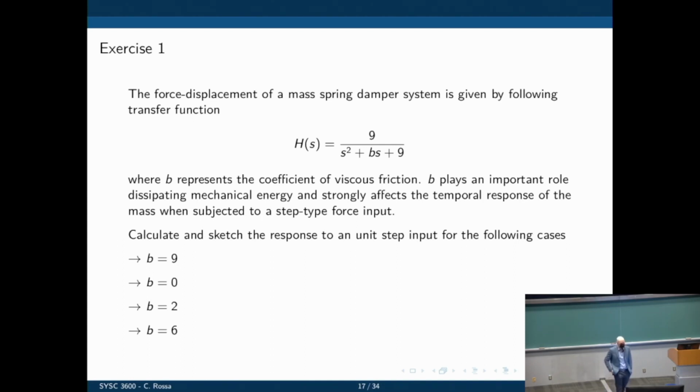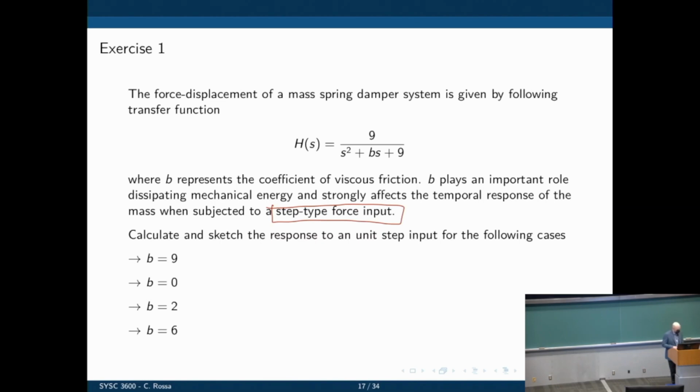And we also identify the damping coefficient B. B plays an important role dissipating mechanical energy and strongly affects the temporal response of the mass when subjected to a step force input. The mass is going to be subjected to a step force input. Calculate and sketch the response to a unit step input for the following cases: B equals to 9, 0, 2, and 6.